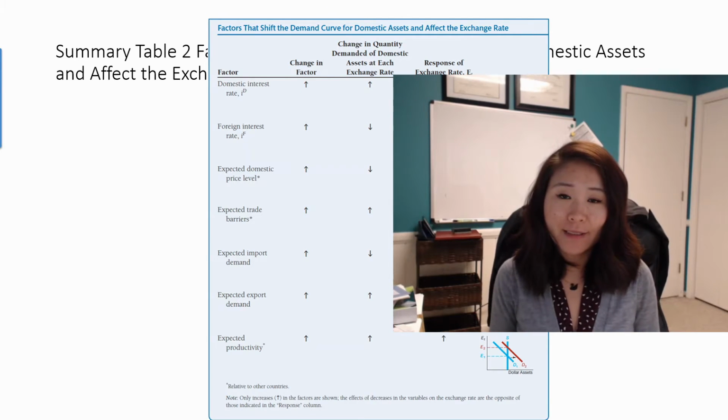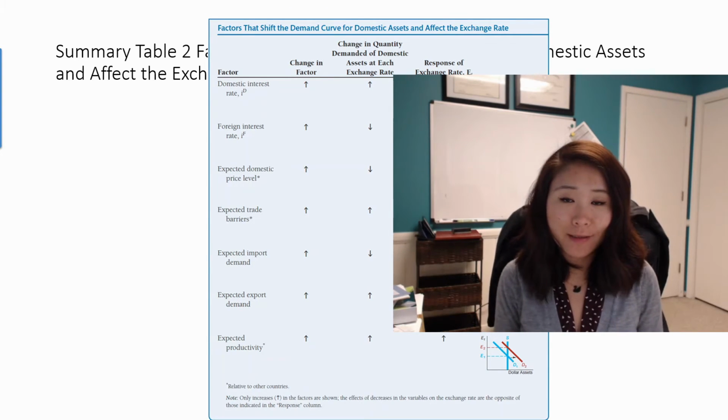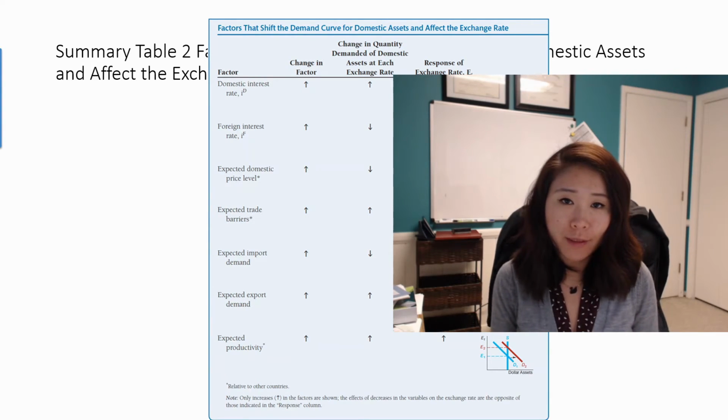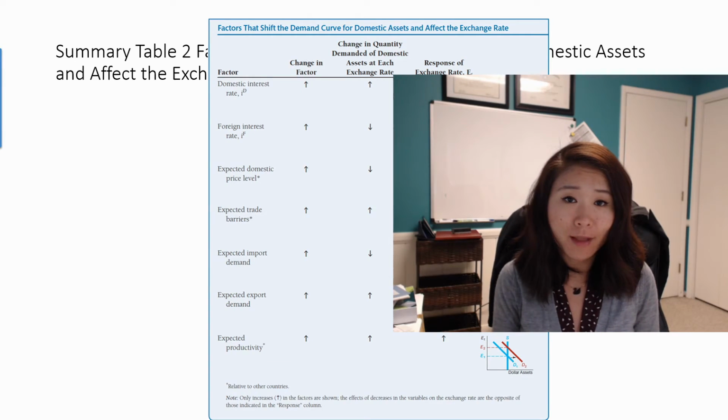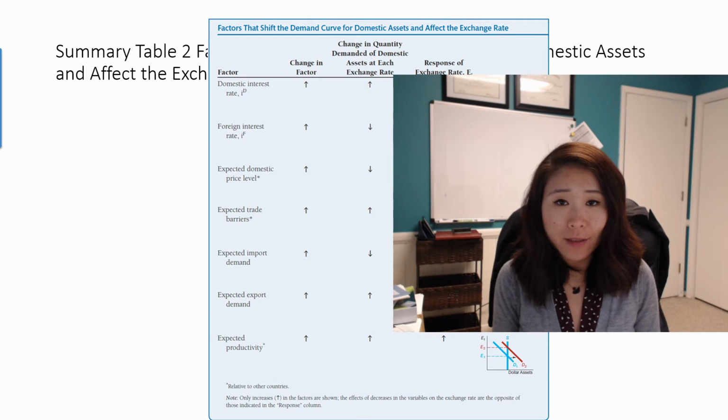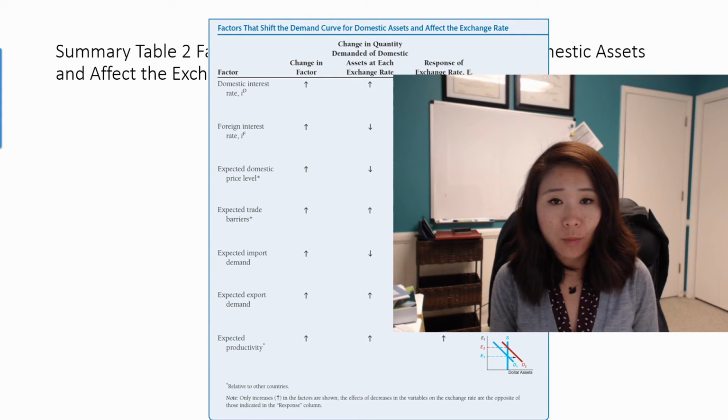So let's now discuss our attendance check question: how do you think COVID-19 is going to affect the foreign exchange rate, the U.S. dollar against the currency you picked for the bonus of this class? This is actually a little bit complicated. In the short term, the impact of COVID-19 will be on the productivity of the United States.